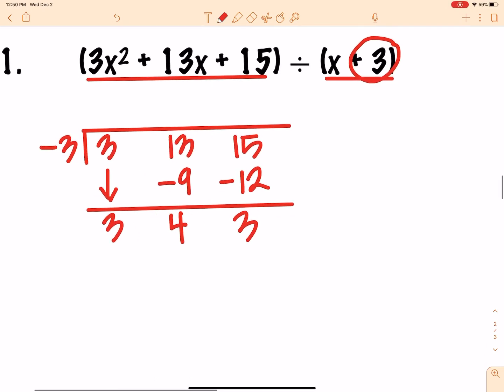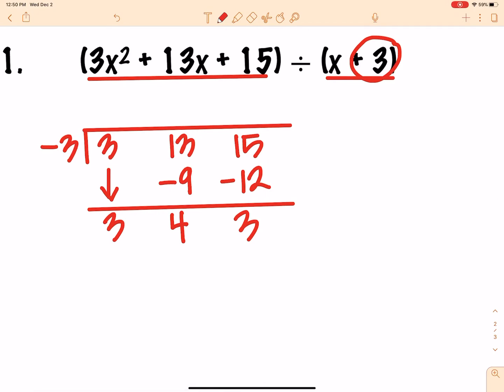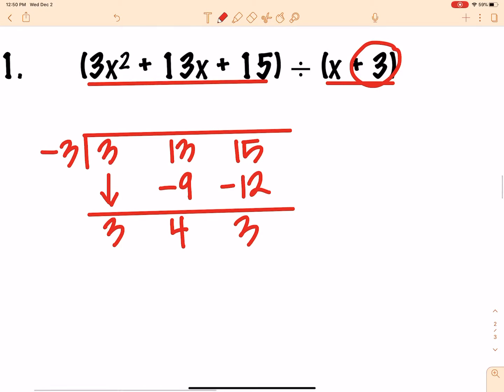So now that you're finished, these are the coefficients of your answer. So how do you write it out? You go back to your divisor, this one, x squared. You subtract 1 from that. So if we're doing an x squared, I'm going to go back to x. And that's how you start your standard form. So the front number, 3, that's going to be 3x.